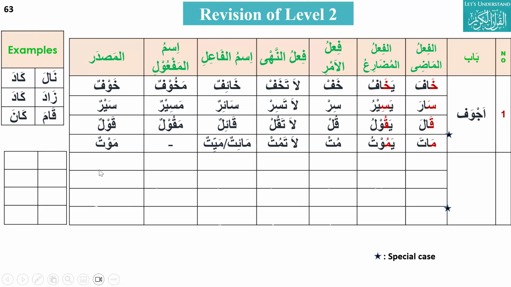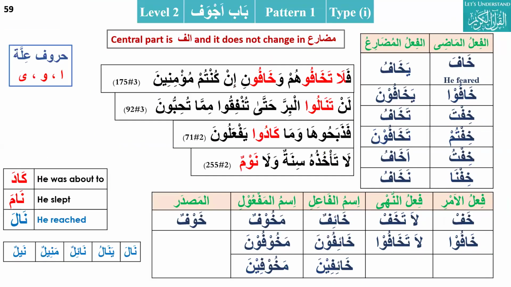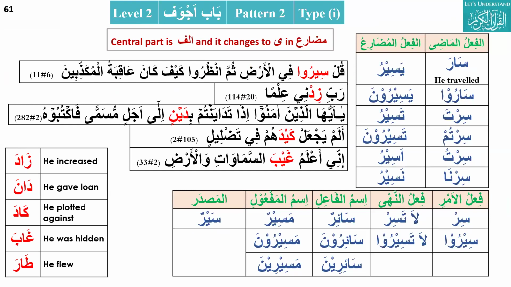These are the most frequently used verbs in this chapter: Khafa, Nama, Nala, and then we have special cases like Sha'a Yashau. Similarly Sara Yasiru, Zada he increased, Dana he gave a loan, Tara he flew.